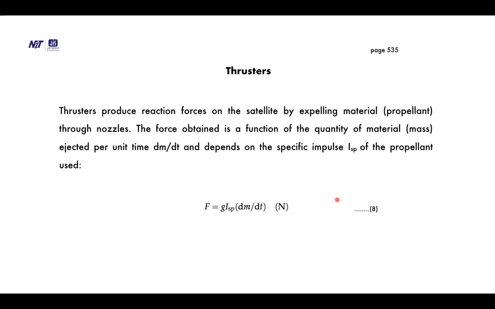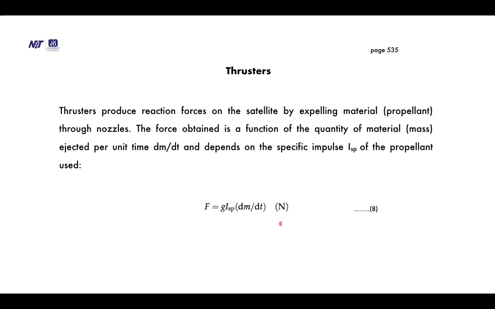Next, thrusters. Thrusters produce reaction forces on the satellite by expelling material or propellant through nozzles. The force obtained is a function of the quantity of material or mass ejected per unit time dm/dt and depends on the specific impulse Isp of the propellant used, and this is governed by this equation.